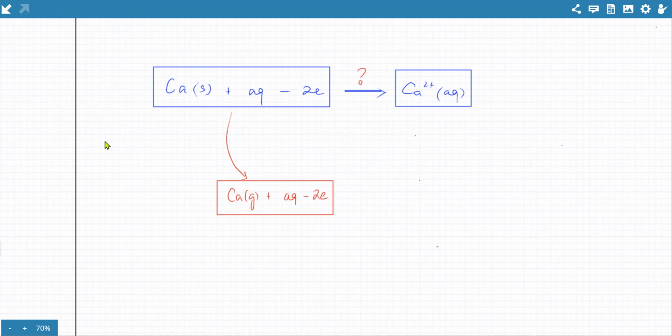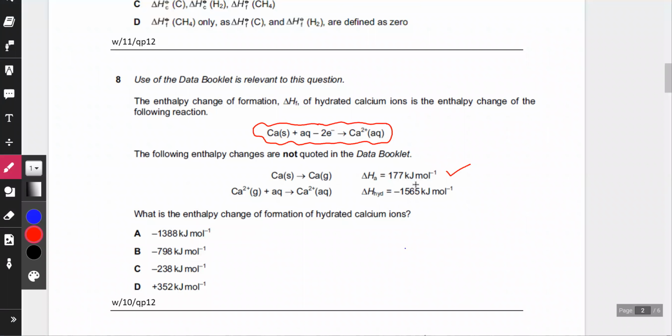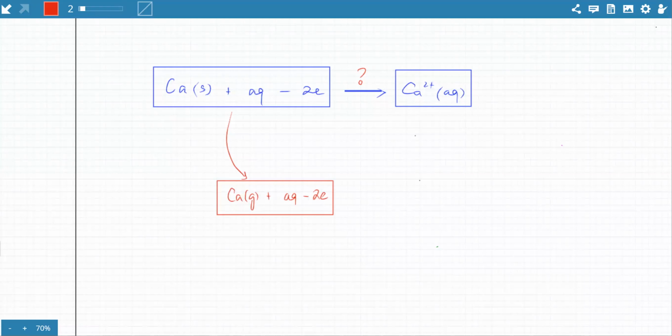Okay, so the only thing that's happening in this path is that you're changing calcium solid to calcium gas. The rest of the things remain exactly the same. And the energy change for this particular path is 177 kilojoules.